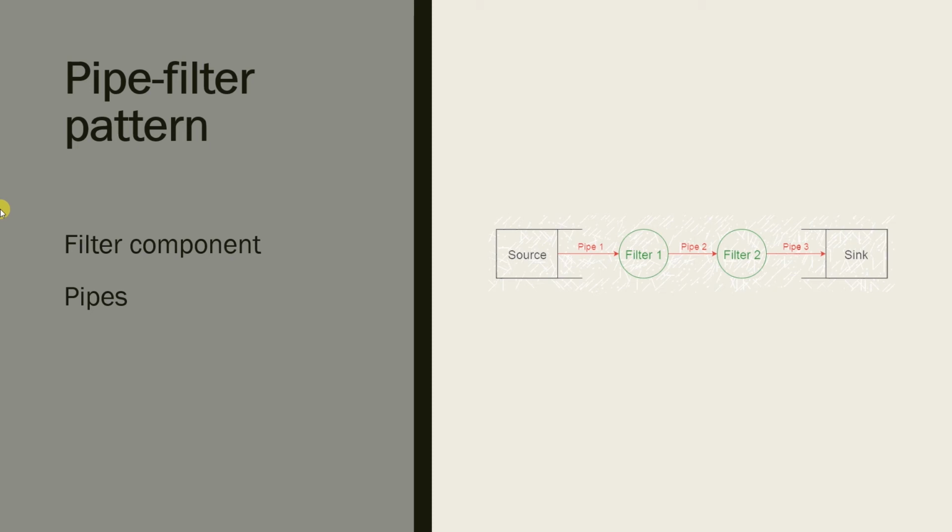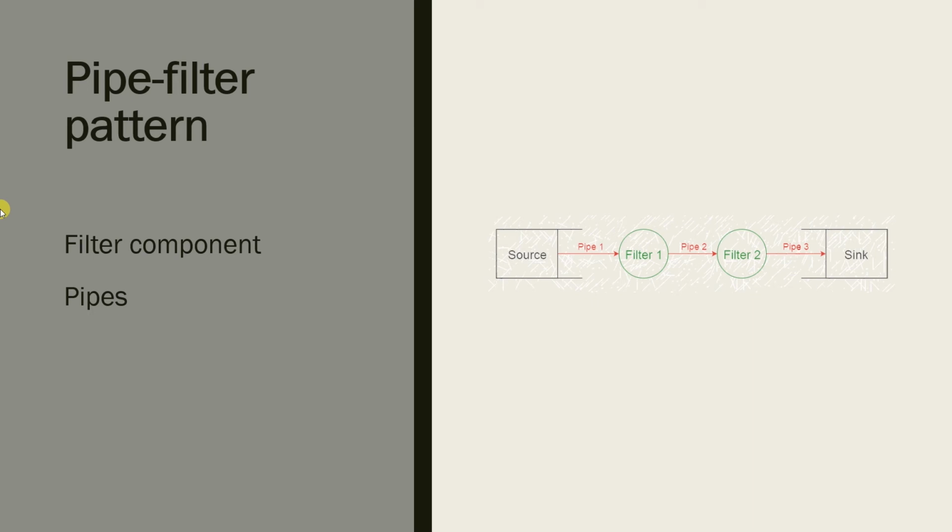These pipes can be used for buffering or for synchronization purposes. Some examples are workflows of bioinformatics or compilers. The consecutive filters perform lexical analysis, parsing, semantic analysis and code generation.